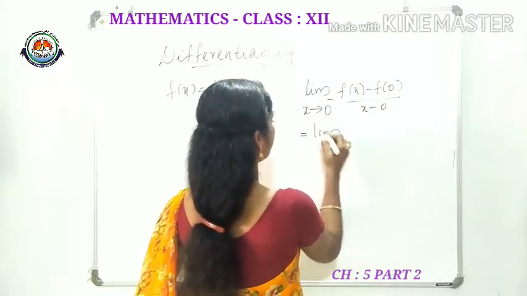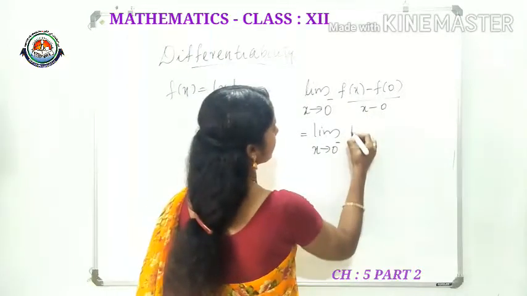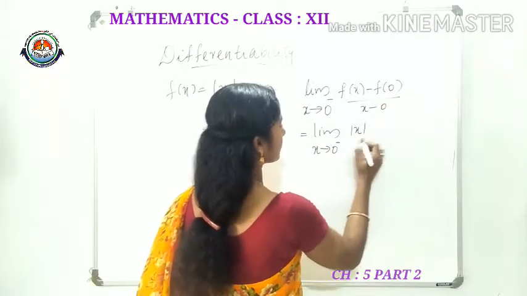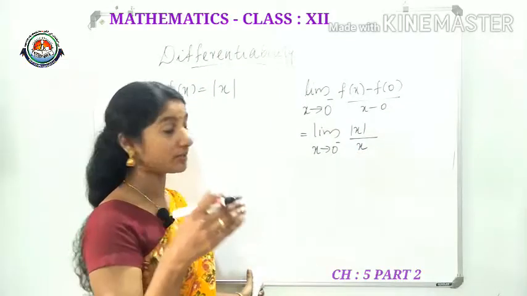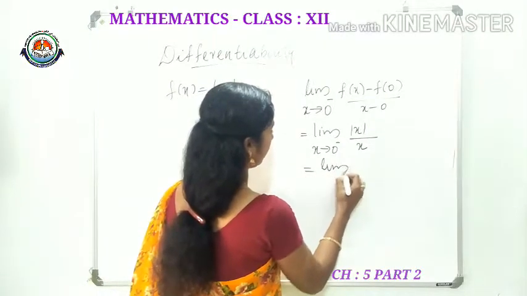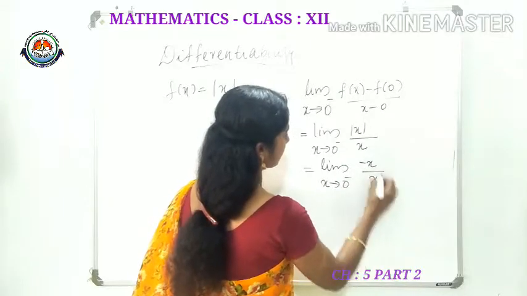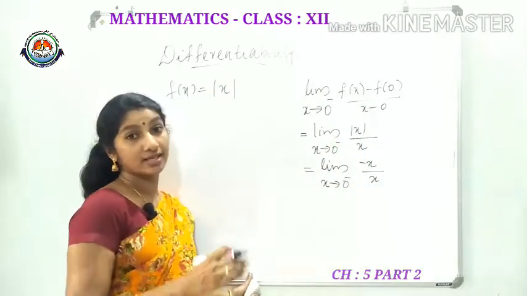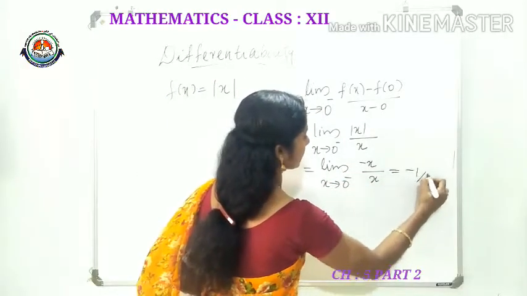So it will come limit x tends to 0 minus, f of x is mod x, minus f of 0 is 0, divided by x, and on 0's left side the function mod x is defined as minus x. So it is equal to limit x tends to 0 minus of minus x by x. According to the definition of mod x, left side of 0 it is minus x. So this is equal to minus 1.